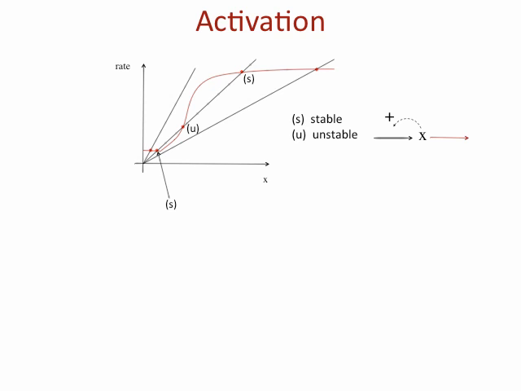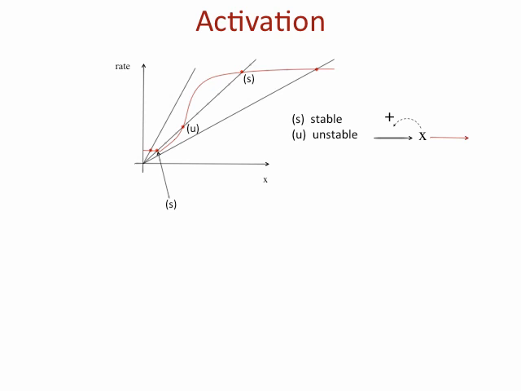For some values of K that give me the slope of that curve, I can have three intersections and therefore three steady states. And it turns out that two of these are dynamically stable and one is dynamically unstable.